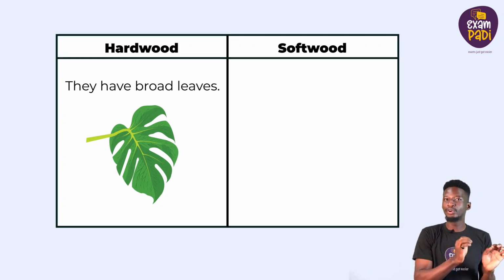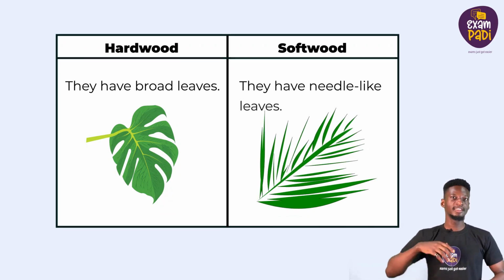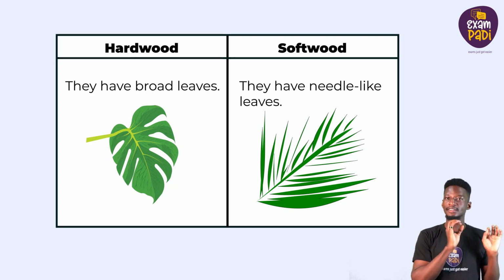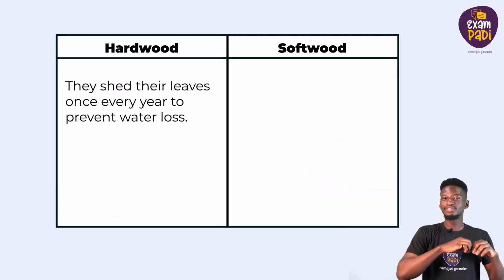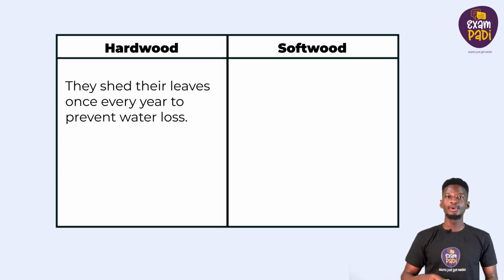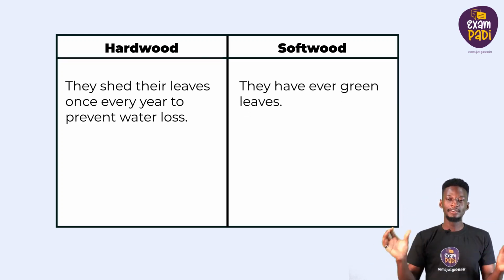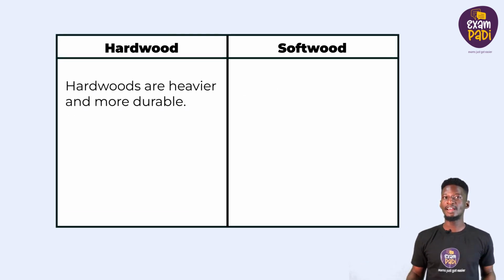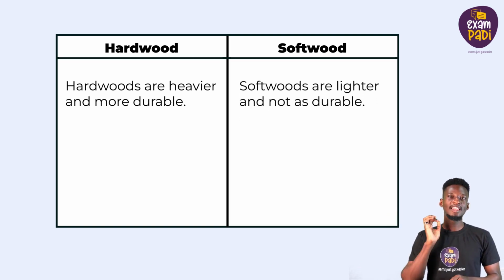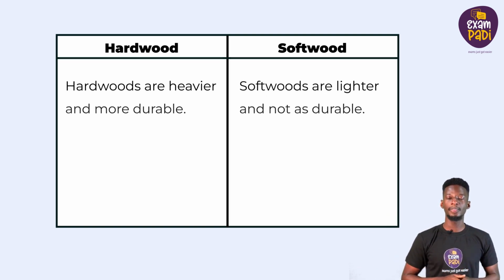Hardwoods have broad leaves, but softwoods have needle-like leaves. 3. Hardwoods shed their leaves once every year to prevent water loss, but softwoods have evergreen leaves. 4. Hardwoods are heavier and more durable, while softwoods are lighter and not as durable.